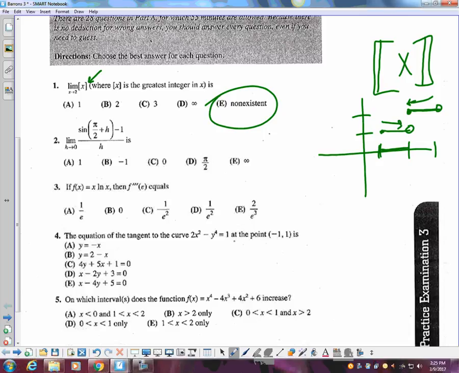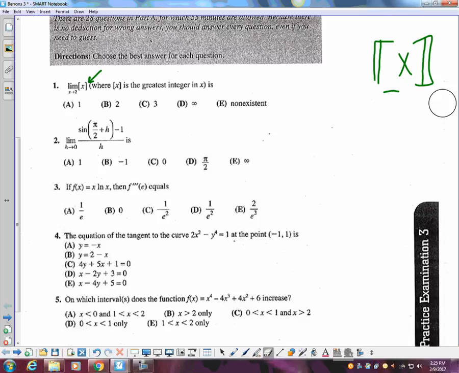Okay, number two. What's the problem with shoving a 0 in here? 0 on the bottom. Okay, who's our guy? L'Hopital. We really should look that up, make sure we're saying it right. L'Hopital. Okay, so we're going to use L'Hopital.